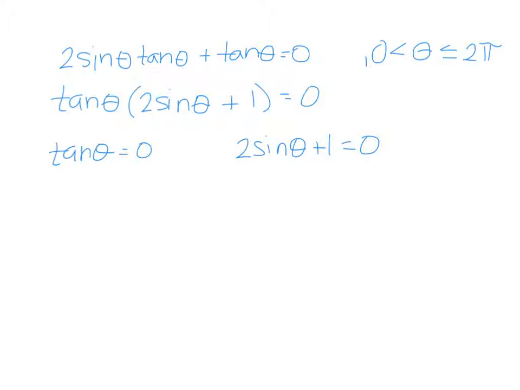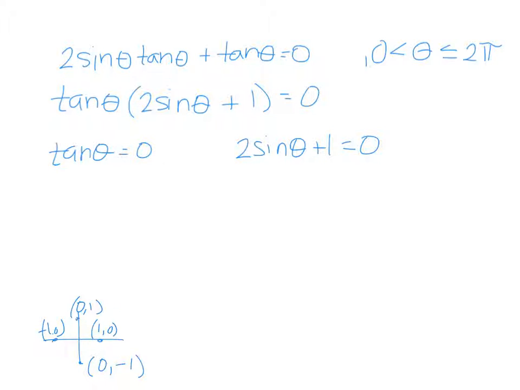To solve tan theta equals 0, think of the quadrantal angles again. Do you remember how tangent works on here? It's sine over cosine.